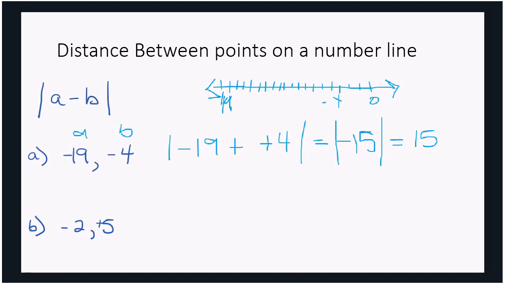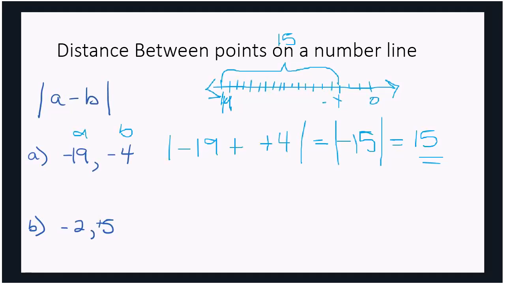So this distance here is a distance of positive 15 units. So there's just 15 units between those. And that's what I got for my answer, so I'm okay there.